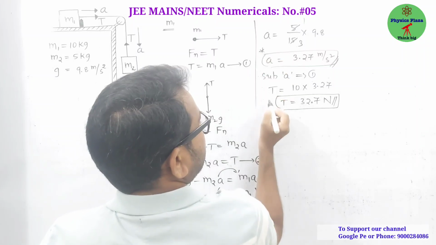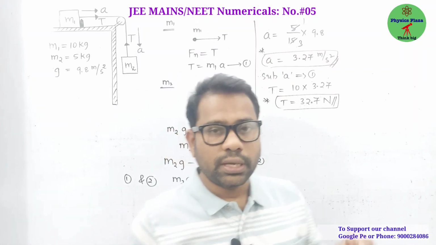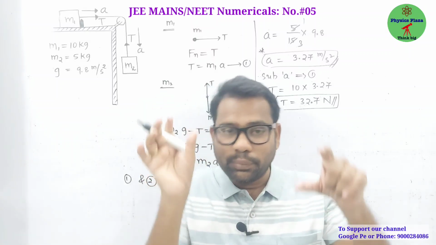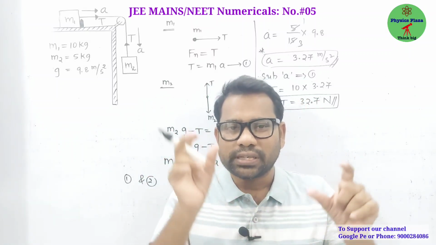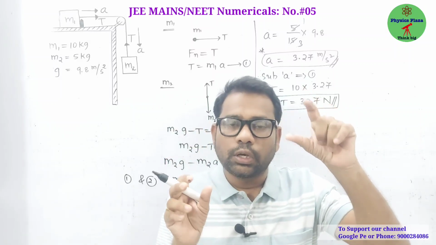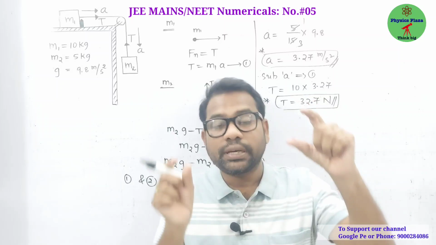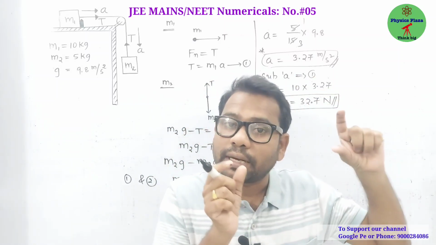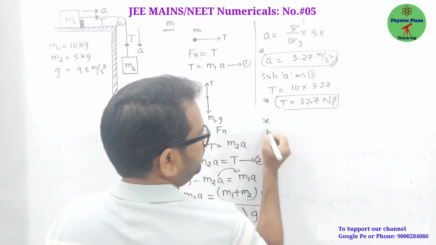And here one more question is asked. What will be the tension produced if the system comes to rest, children? System comes to rest means what? No force acting, net force is 0. As the system is coming to rest, net force is 0, obviously acceleration is also 0.